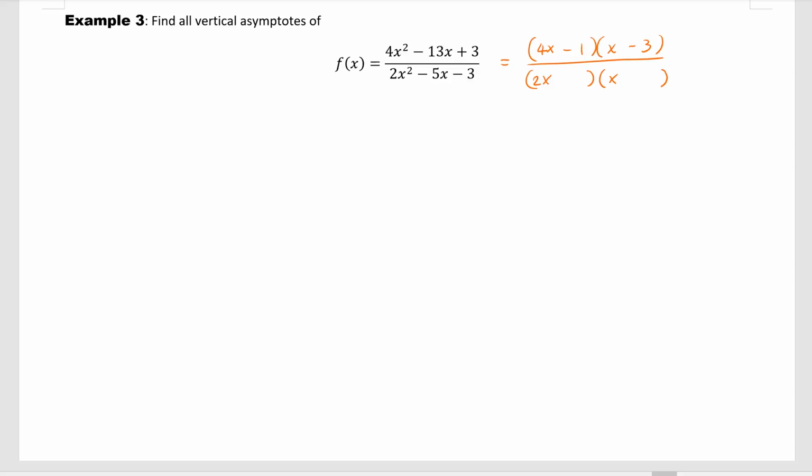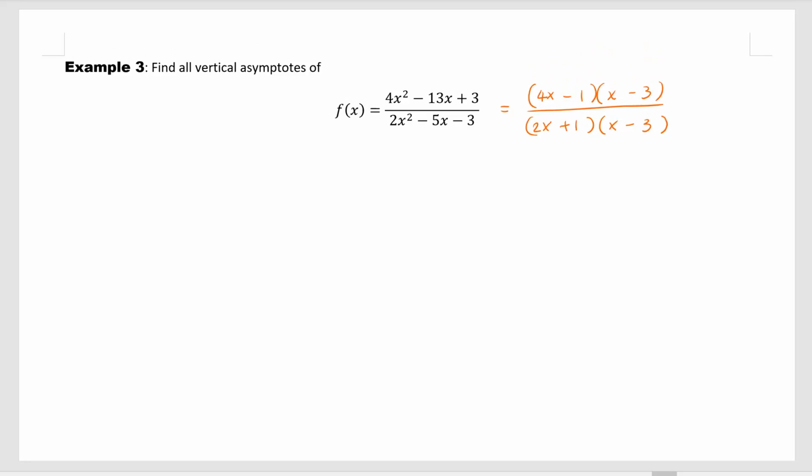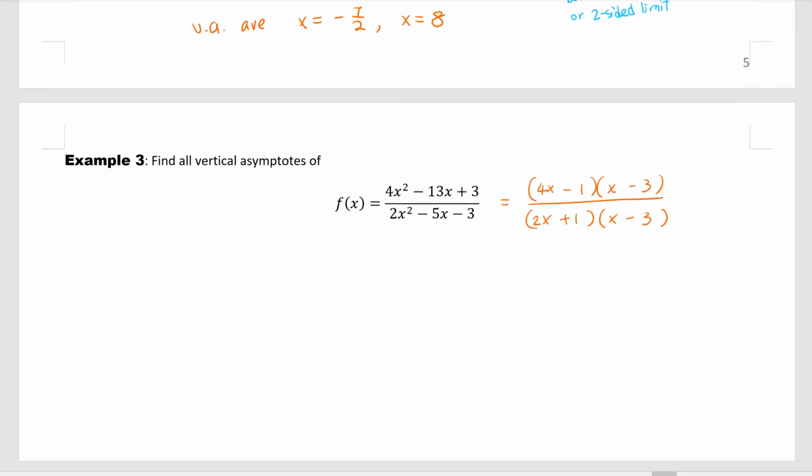So, 2x, and we have negative 3 and positive 1. So that will give us negative 6 plus 1. Alright, let's continue.